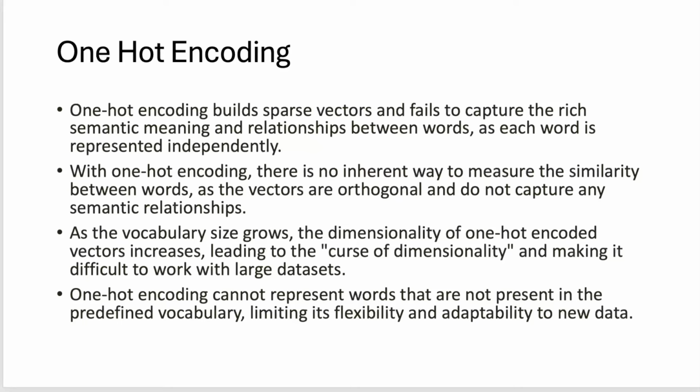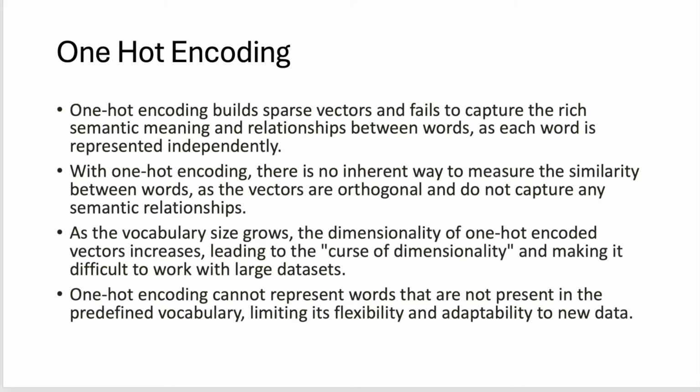What one hot encoding does is the vectors are orthogonal and do not capture any semantic relationship. And as the vocabulary size grows, think about it, each word is a column in an Excel.